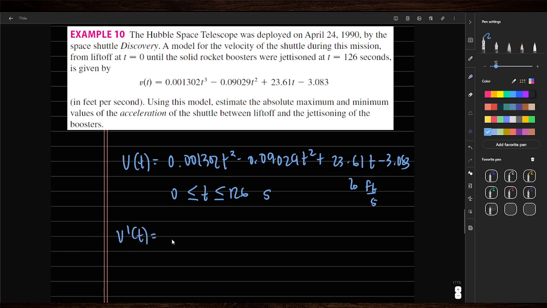That is 3 times 0.001302 t squared minus 2 times 0.09029 t plus 23.61, and this becomes 0. So equating this to 0, I will just go directly.